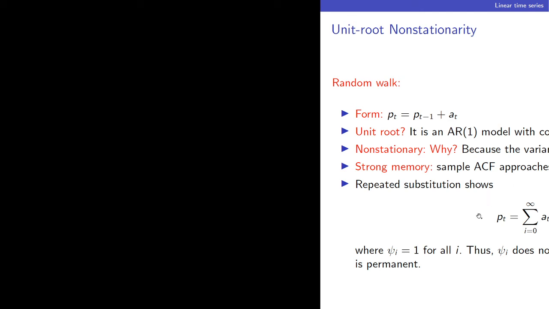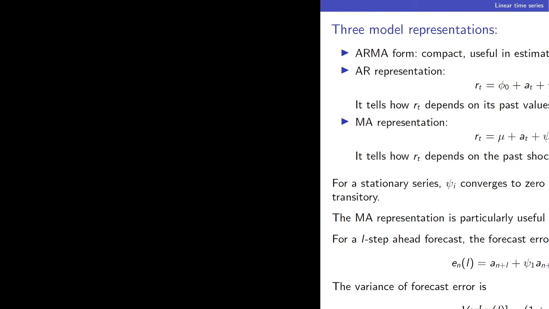If you go for repeated substitution, we could express this as an infinite sum of a certain coefficient times the shock at a certain point. Why am I using this if all coefficients are 1? Because this gives a parallel with this, which we are very interested in.